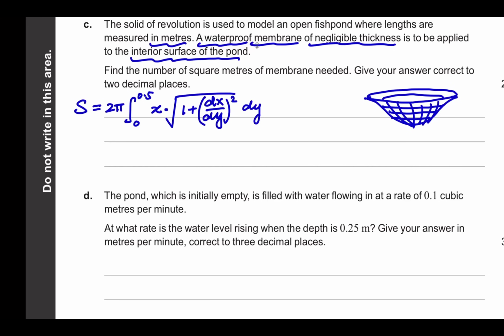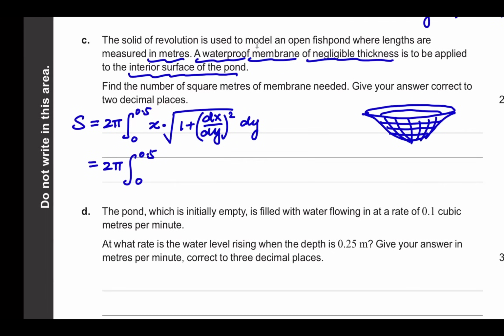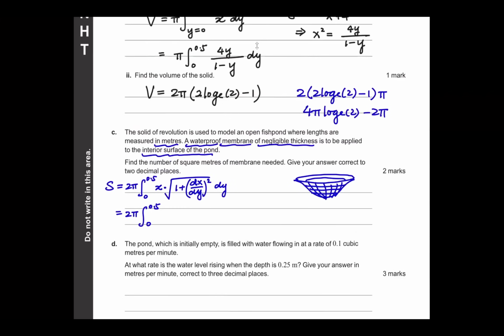This is where I would get my CAS calculator and do the small steps separately. Firstly, I would write 2 pi integral 0 to 0.5 here, and my x is the square root of 4y divided by 1 minus y. Because in the previous part, I've got x squared here. I need to take a square root for x, the positive version.